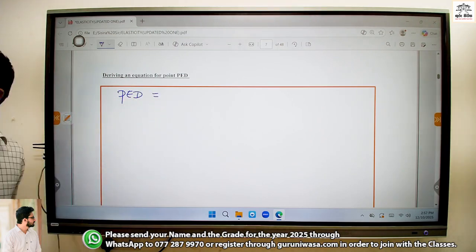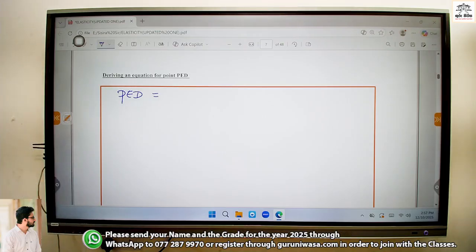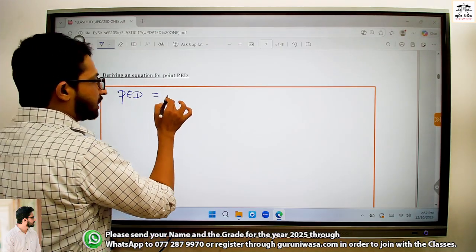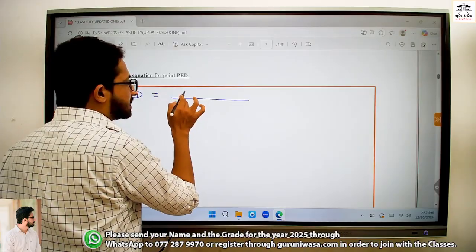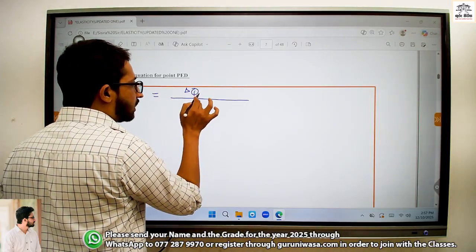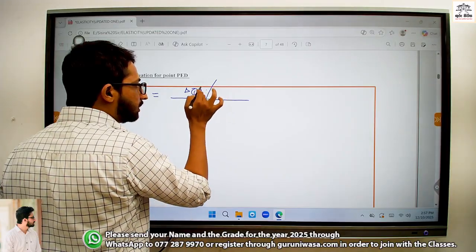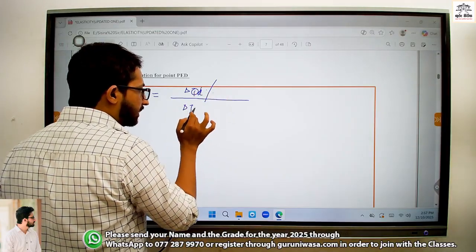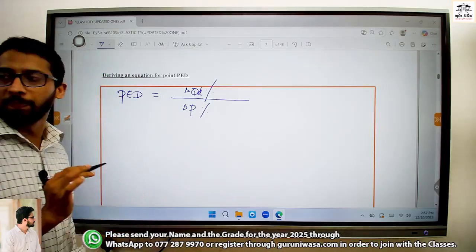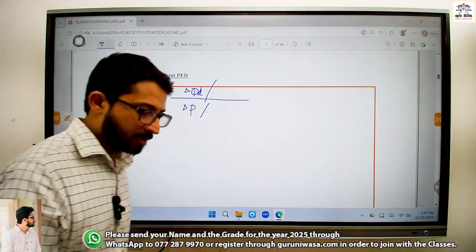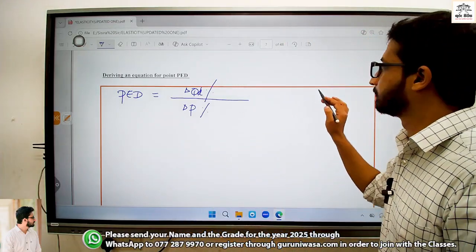PED equals percentage change in quantity demanded divided by percentage change in price. This is the original equation. Now my next question: how to calculate percentage change in quantity demanded?